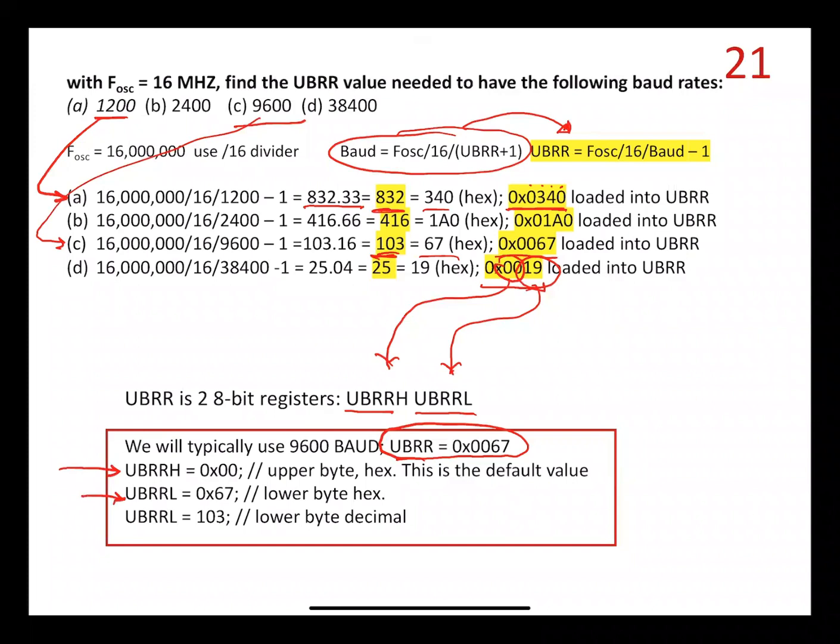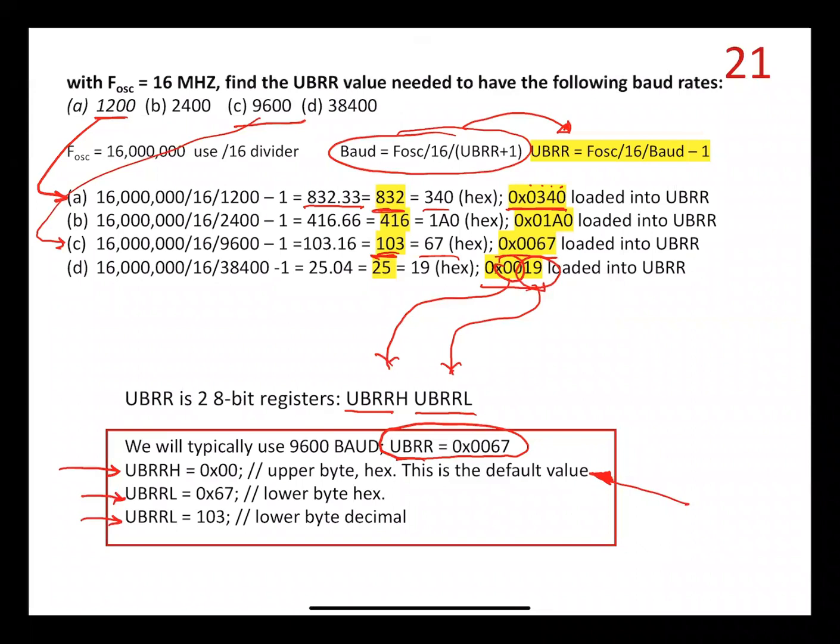And 67 in hexadecimal corresponds to 103 in decimal. It turns out that the default value, when you power this up or reset it, sets UBRRH to 0, so we don't have to set that, okay?